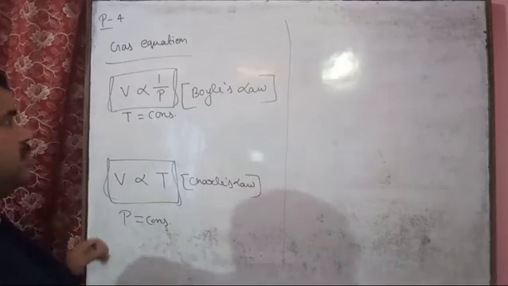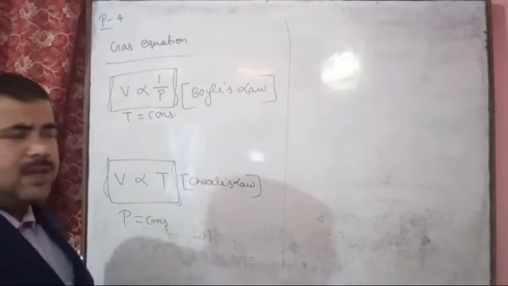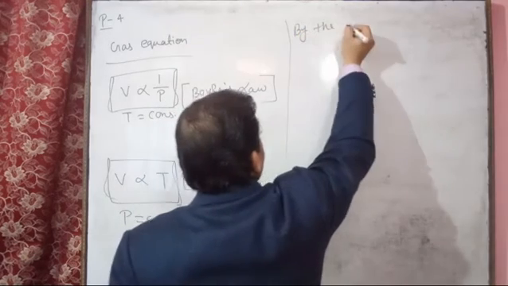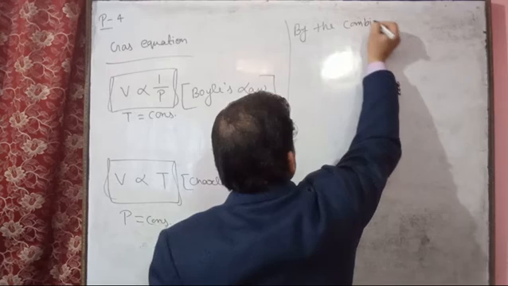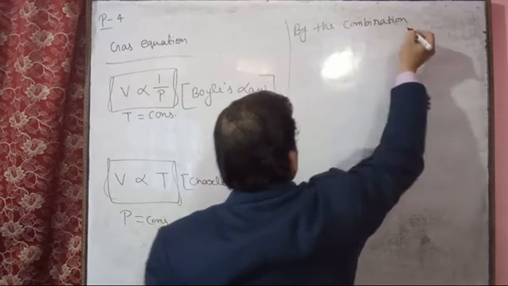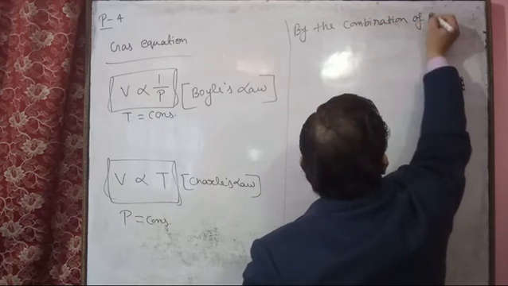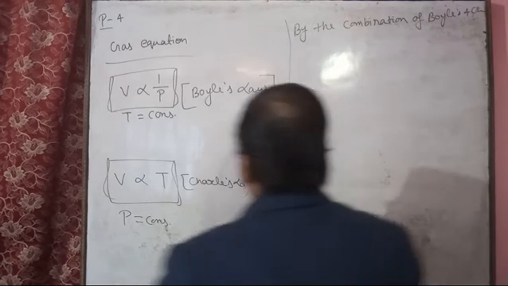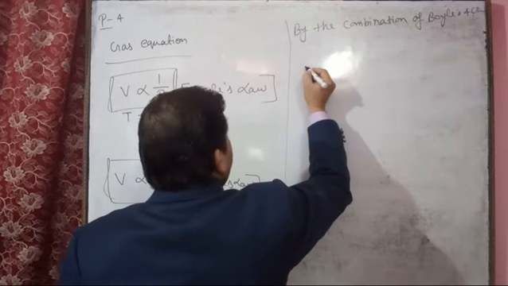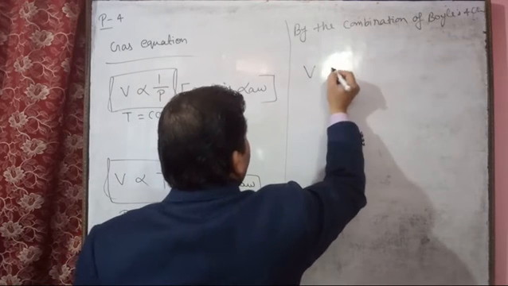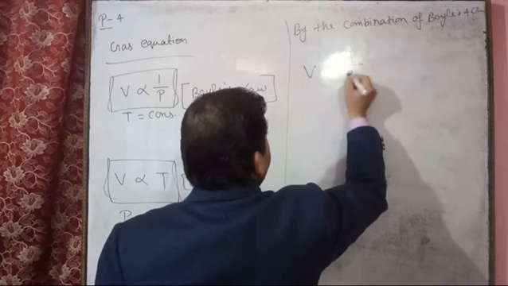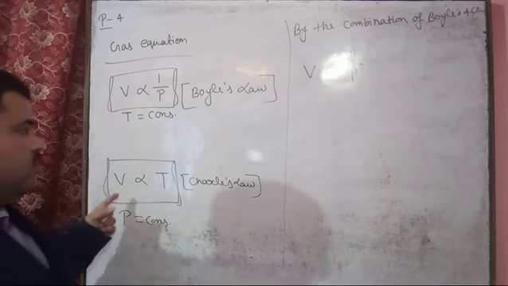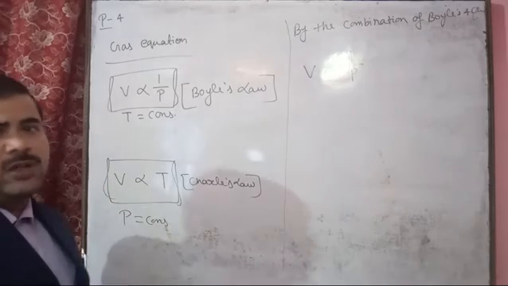And after this, by the combination of Boyle's and Charles law. According to Boyle's law, volume is inversely proportional to the pressure, and according to Charles law, volume is directly proportional to the temperature.